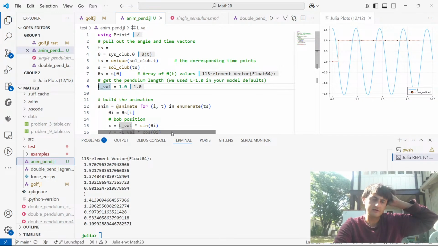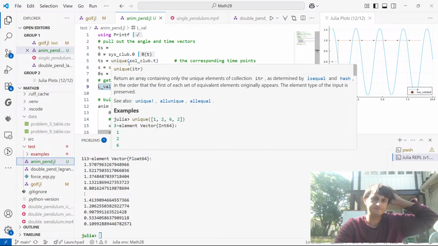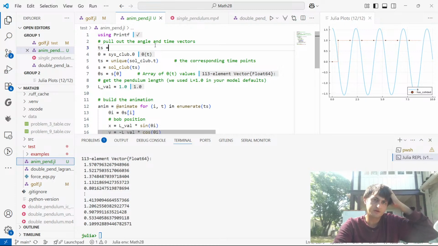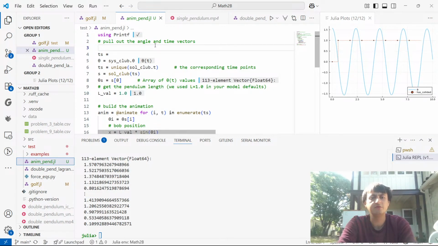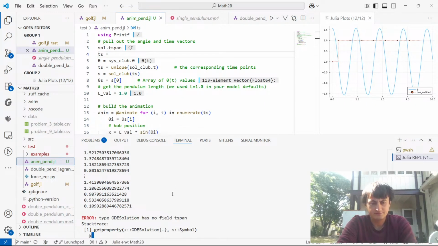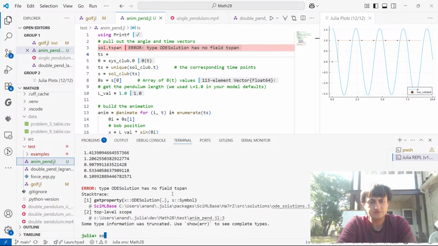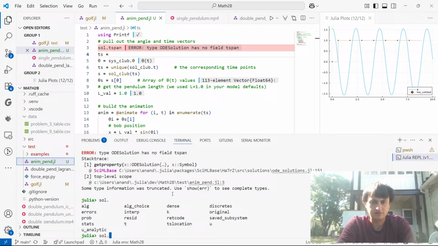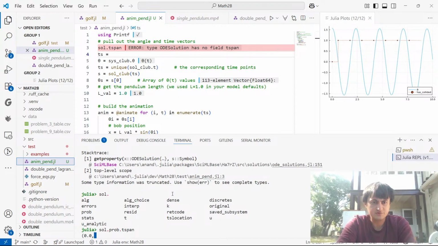All right, so this should be, unfortunately, no, you know what we could do actually? We could just do our T's is equal to the, so wait, hold on. Can we do sol.tspan? Is that a thing? Sol dot prob.tspan. So we have this.